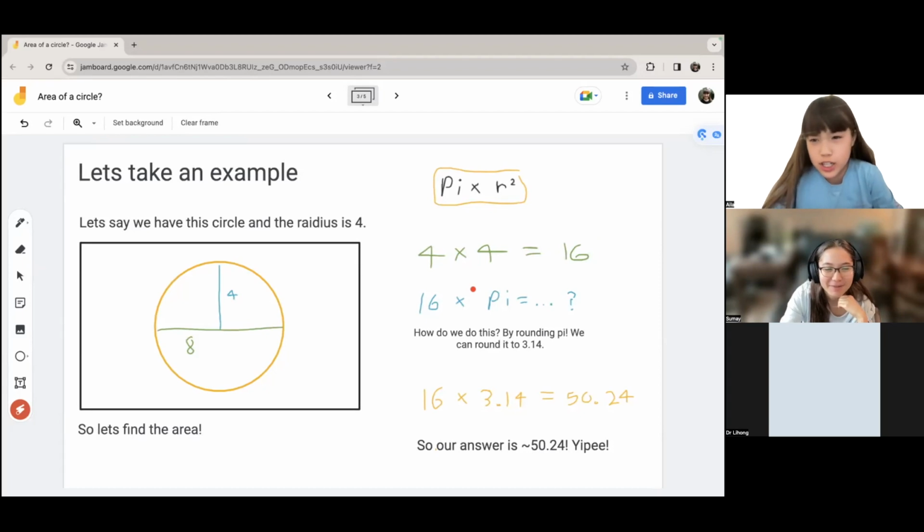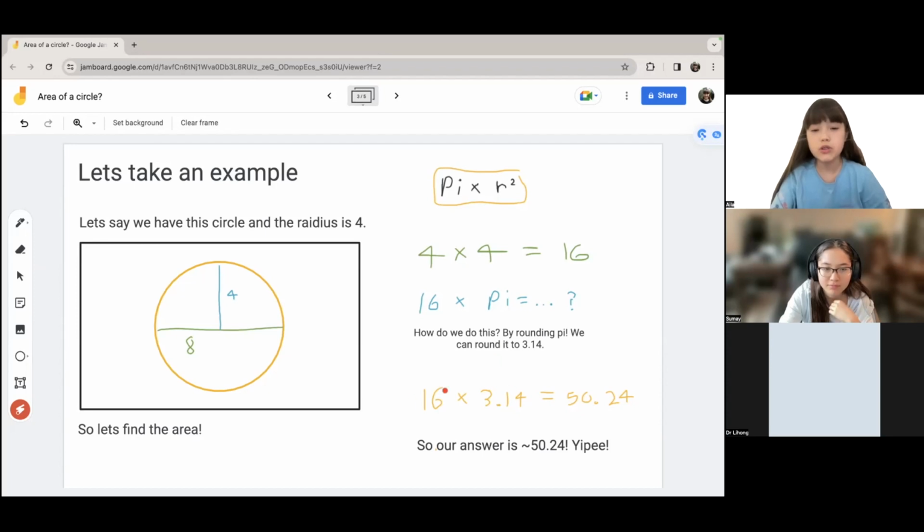But now we get to the tricky part. 16 times pi? Pi has an infinite amount of digits. How are we supposed to do that? By rounding it. So we can round it to the nearest hundredth. So that would give us 3.14, right? This is pretty common when you're rounding pi to use 3.14.